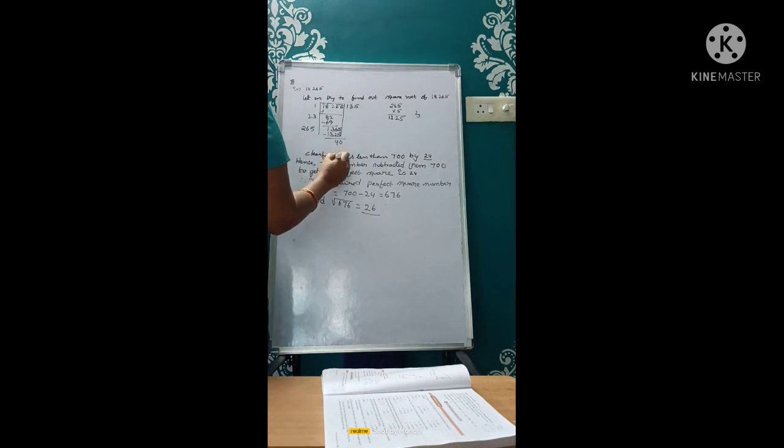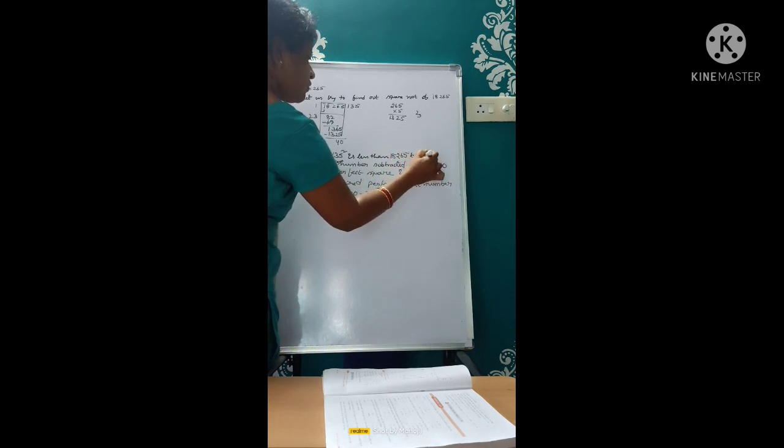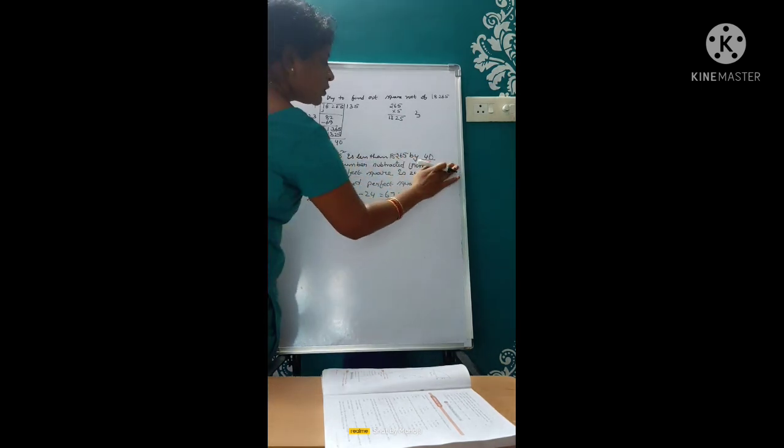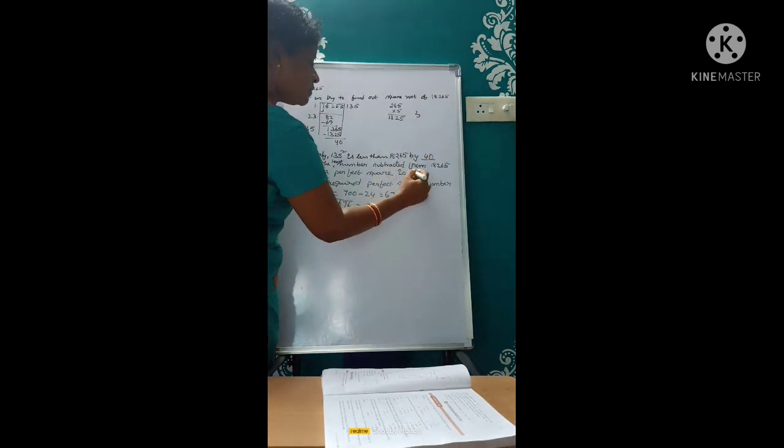So clearly 135 square is less than 18,265 by 40. Hence the least number subtracted from 18,265 to get a perfect square is 40.